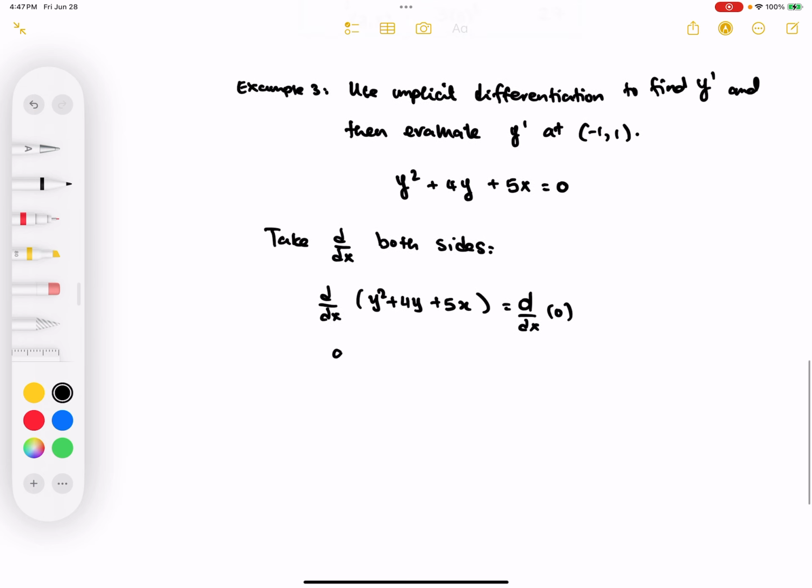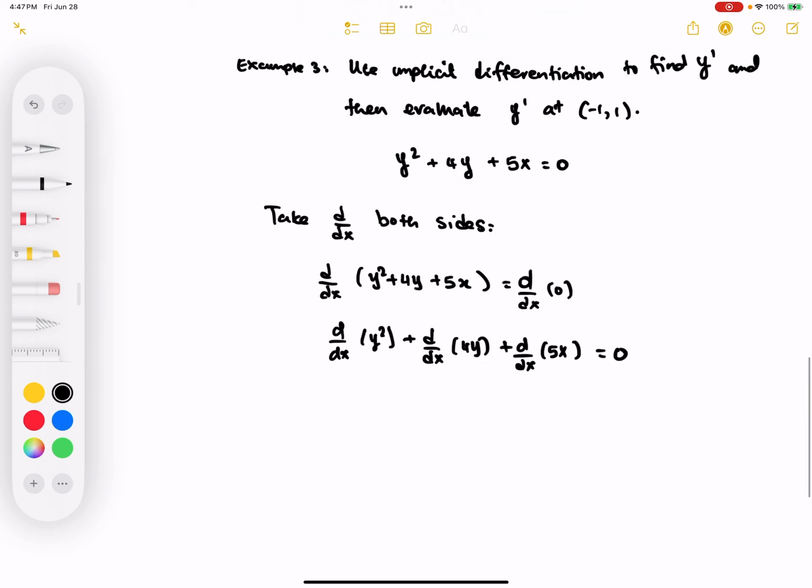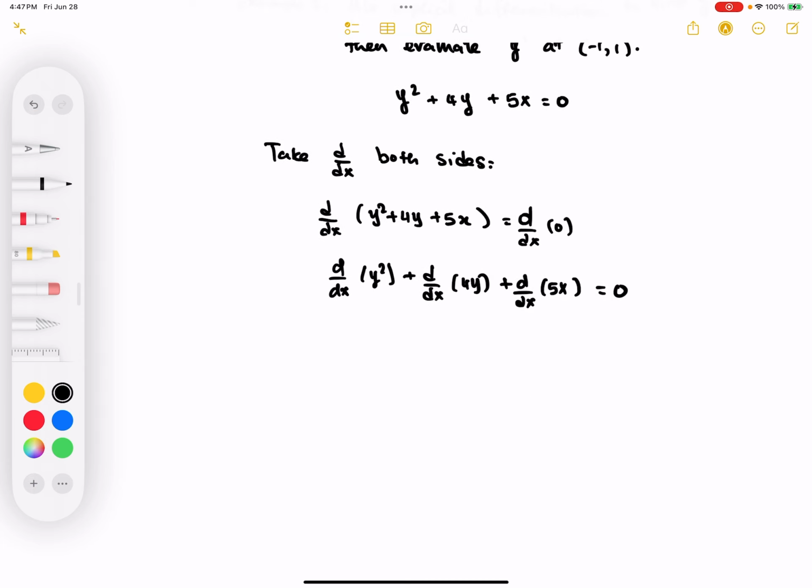So d/dx of the first term is y squared. The second one is d/dx of 4y plus d/dx of 5x. This is 0, right? So what is the derivative with respect to x of y squared? It is 2y y prime, or you can just say dy/dx. The second one is 4 y prime. The third one is just 5, and the derivative of 0 is 0.